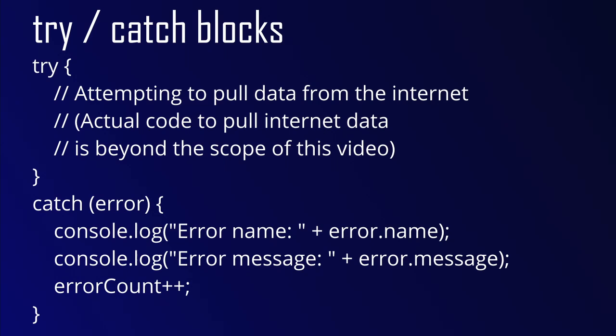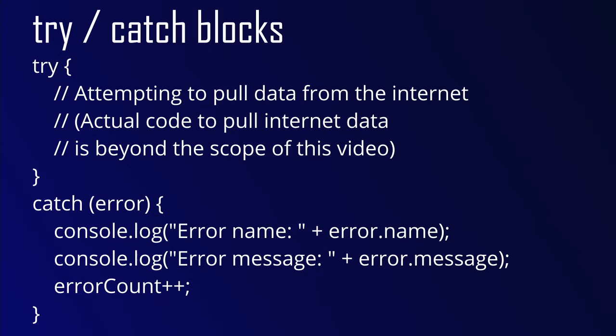They allow unavoidable errors that occur in your program to be handled by behaviors you define instead of simply crashing the entire program. When you have a piece of code that might throw an unavoidable error, wrap that section of code in a try block and follow that block with a catch block, as seen on the screen.